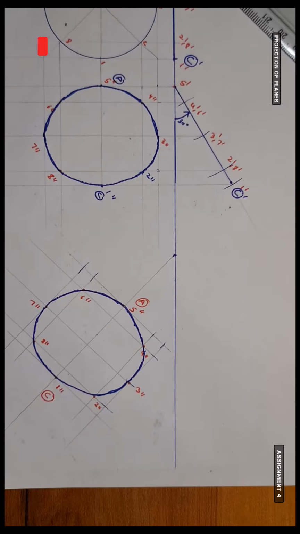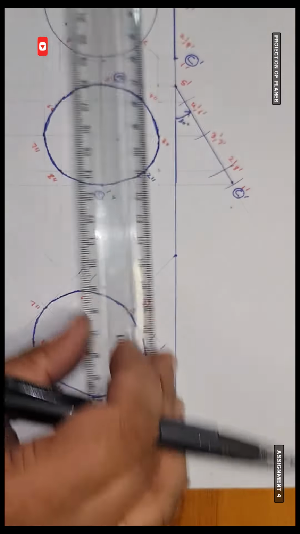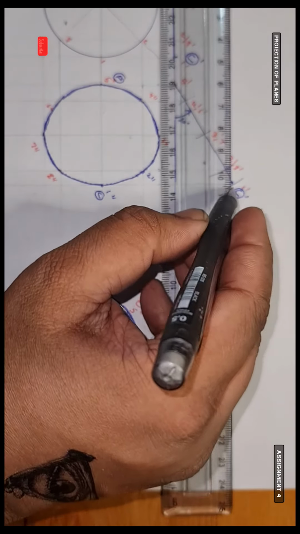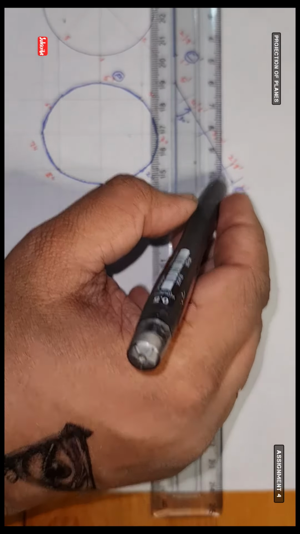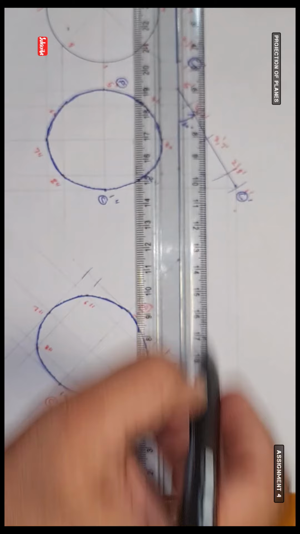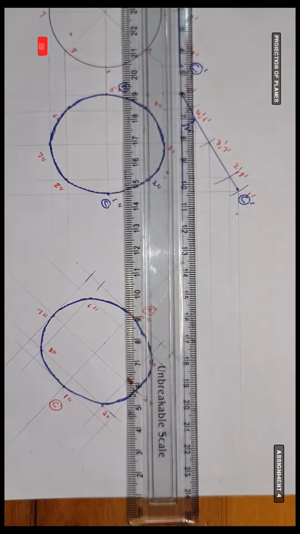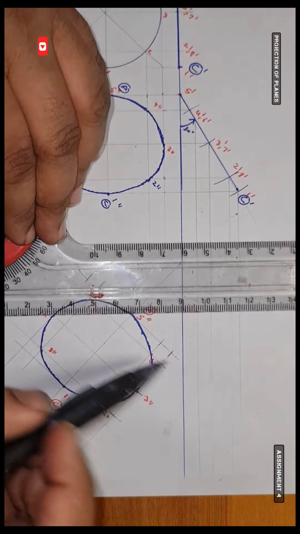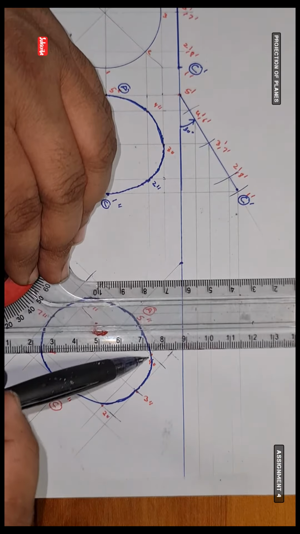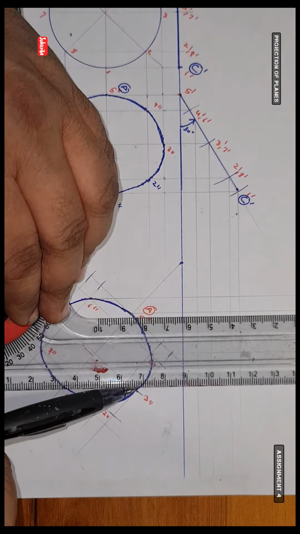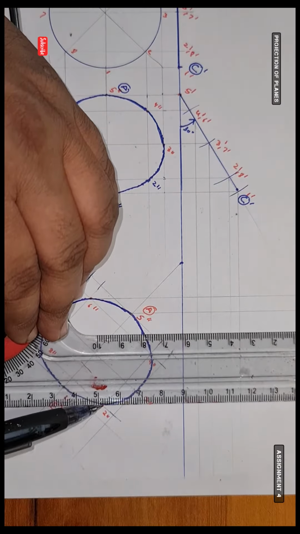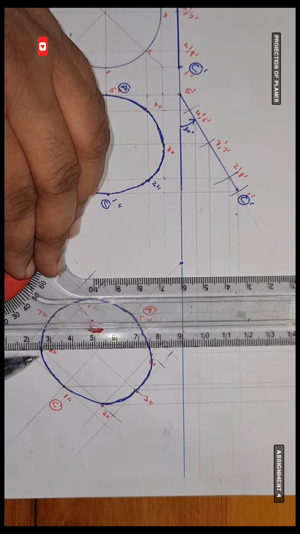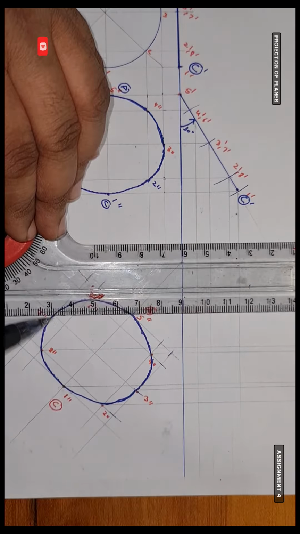Now you have to make the front view also. Now you take your scale and extend these points like this for 28, for 37, for 46. So extend these points 6, 5, 4, like this 3, this is 2, this is 8, 7.